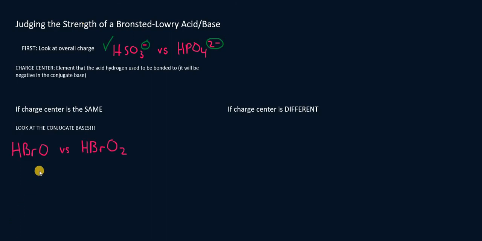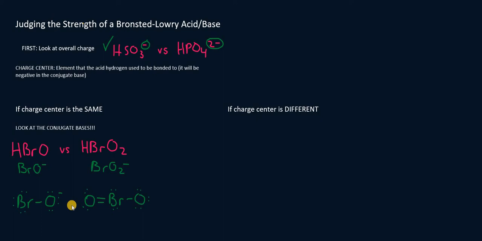We want to compare these two acids to see which one is stronger. Ultimately we're going to have to look at the conjugate bases of these acids. Remember, the conjugate base simply means we pop off the acidic hydrogen. So I'm going to pop off the acidic hydrogen from both of these and write out the Lewis structures of those conjugate bases.